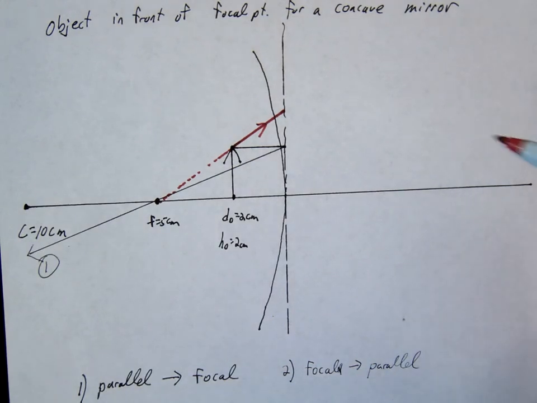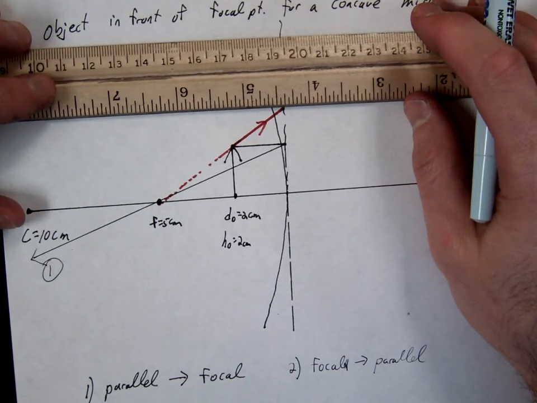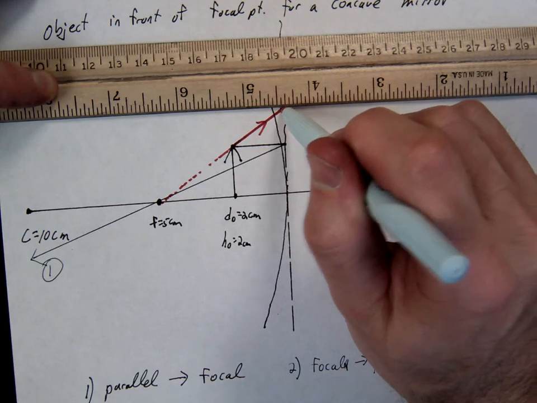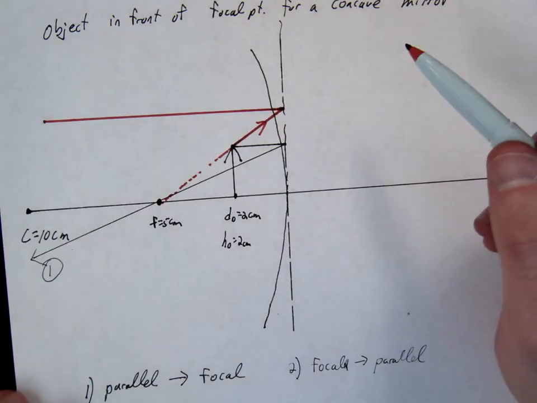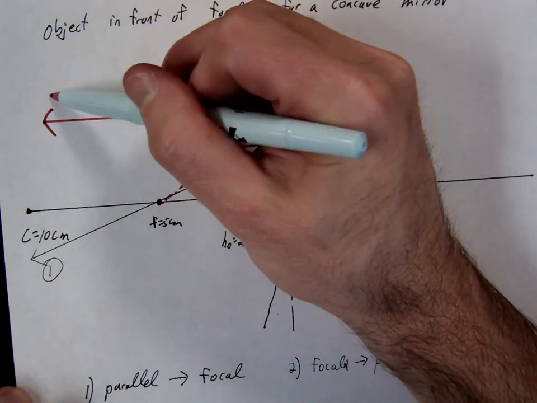Okay, when it hits the mirror, or the part behind the mirror, what happens to it? It's going to reflect parallel, like that. That is beam number 2.